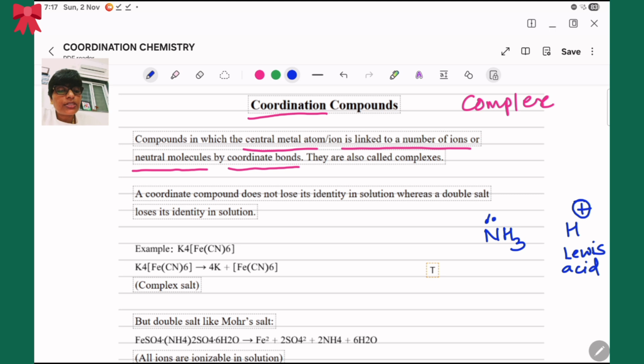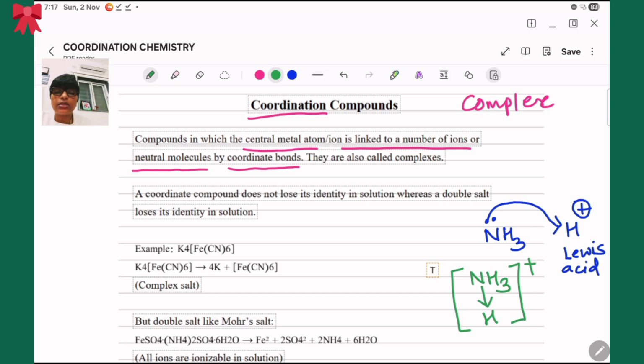Here NH3 is going to donate the lone pair of electrons to H+, the donor is ammonia and the acceptor is H+. The new species formed will be NH3, with an arrow going like this, and we write H here. This complete species is called NH4+.